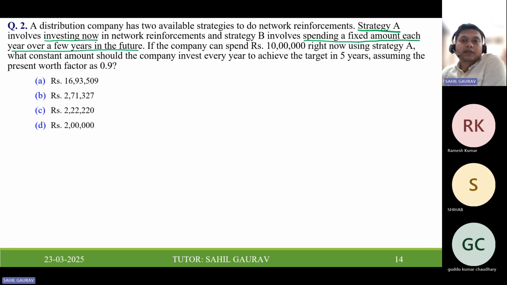If the company can invest 10 lakh right now using strategy A, so the present worth they have provided is 10 lakh. What constant amount should the company invest every year to achieve the target in 5 years, assuming the present worth factor as 0.9?